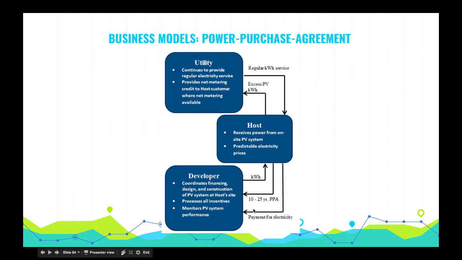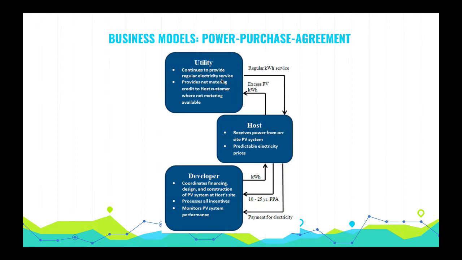As a host, I need to decide how long the PPA is going to be: 10 years, 15, 25, right? And I'm going to pay the developer for the electricity that I utilize from that solar array. Now, if I have excess electricity as the host, that will get pumped into the electricity grid. Who maintains that grid? The utility. So the utility continues to provide regular electric service.